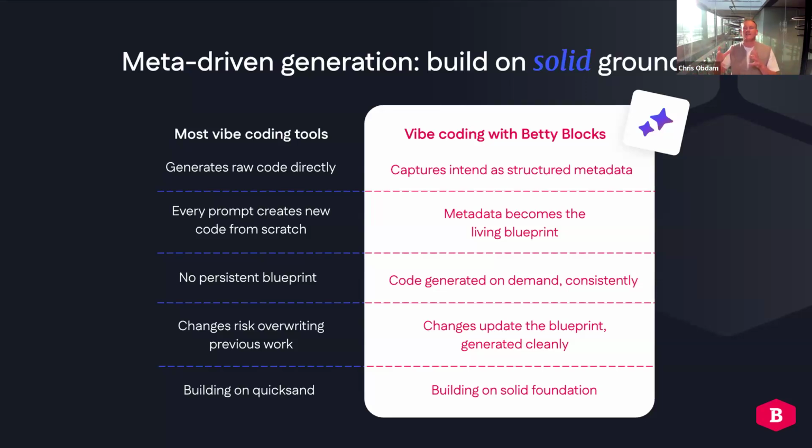So it's easy to adapt, and you can always see what has been changed as well, because it's visualized to you in a data model, in a UI, but also in a workflow, the steps that you need to execute a certain action, right? And code is really hard to read. That's the problem, right? And with most vibe coding tools, you don't have a persistent blueprint as we have.